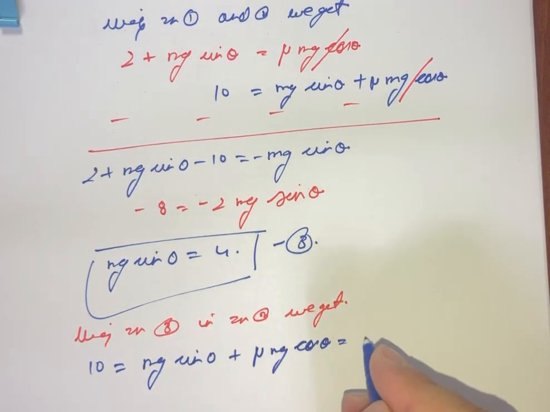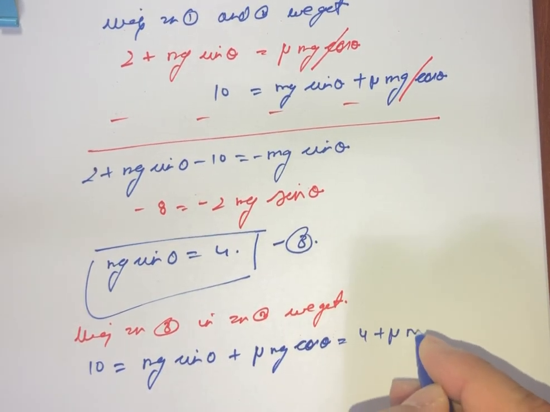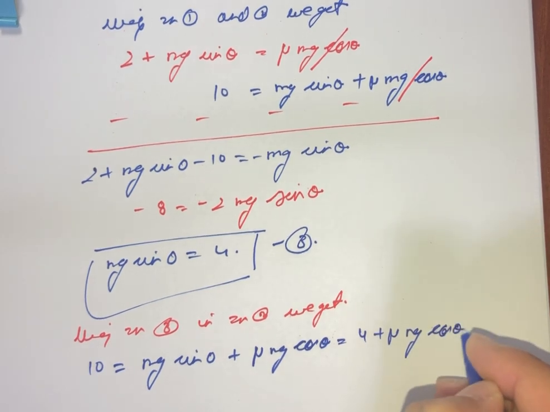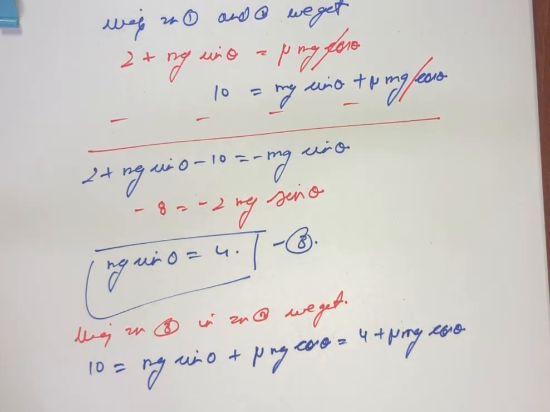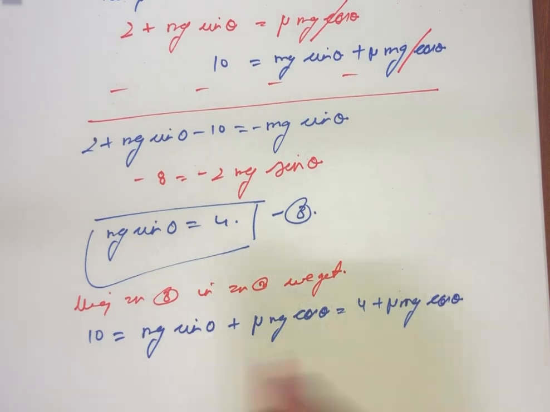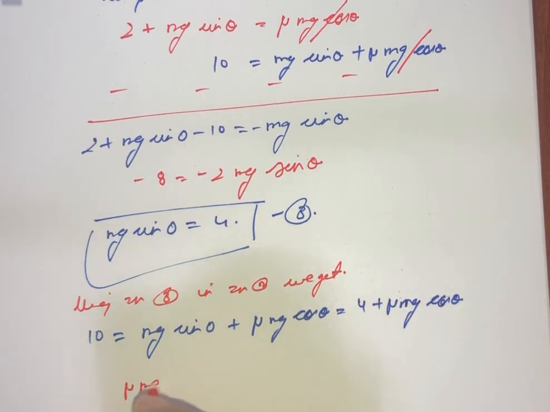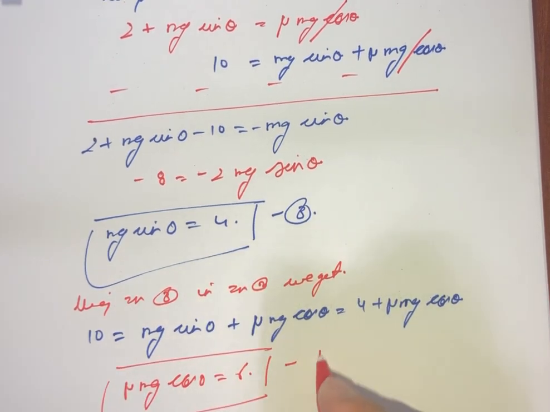Mg sin theta is 4, so this is 4 plus mu mg cos theta. From here we can calculate that mu mg cos theta is equal to 6. Let this be equation number 4.